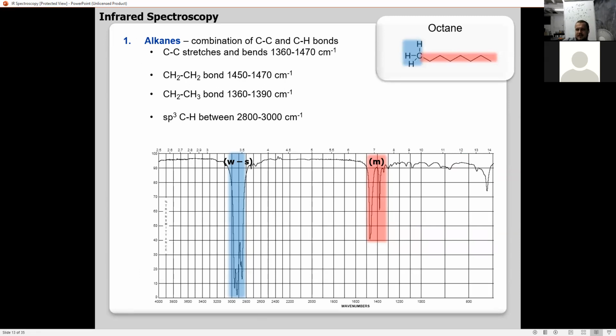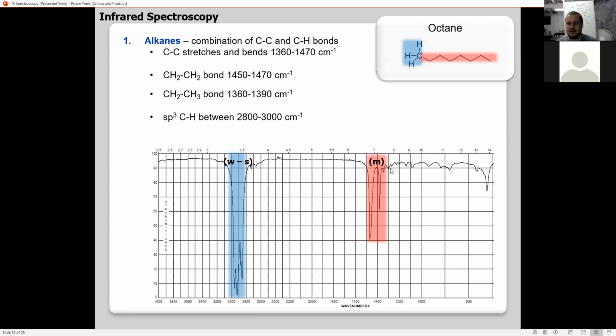So alkanes, we have CH2 to CH2 bond, which is down there at 1450. And alkanes are the only ones that have that massive peak at 2,900. So you have your carbon to carbon bonds over on the right-hand side.